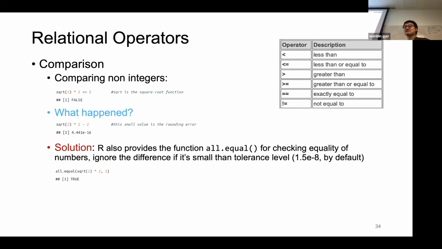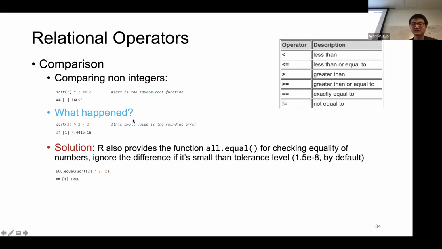So this is a simple demonstration that when you have numerical values, you shouldn't use the double equals sign to compare whether they are different or not, because they are essentially the same. It's just a very tiny difference resulting from the computer, not from the value itself.